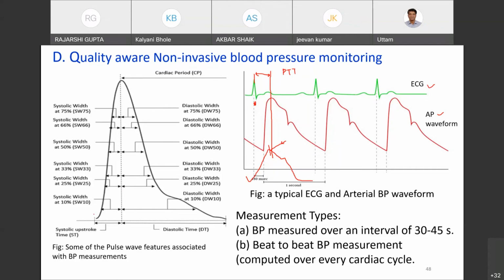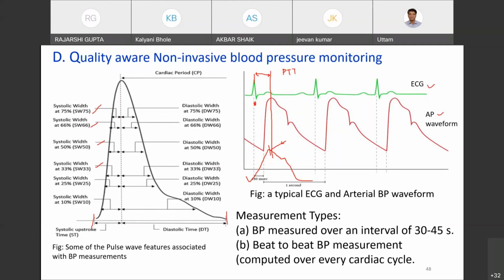So if this is a single PPG pulse, then you can see these are the many features which have been used by various researchers to make non-invasive blood pressure measurements from the PPG cycle features. These are the various widths and the different heights of the systolic peak.